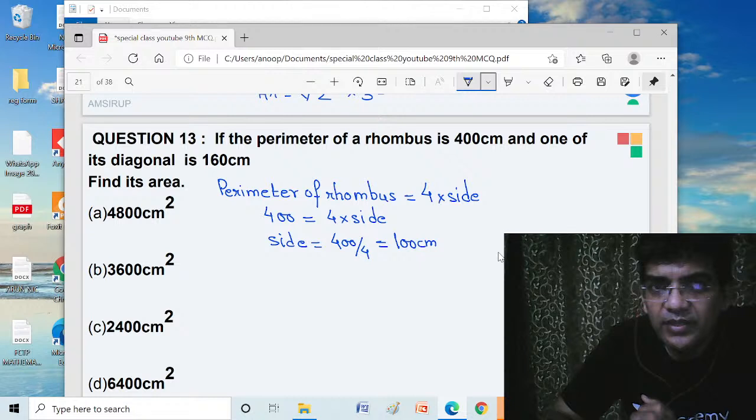Now S is 180, then it will be S minus A, that means 180 minus 100, so that will give me 80. Then S minus B, that is 180 minus 100, so again 80. And then 180 minus C, so 180 minus 160, it will be 20.